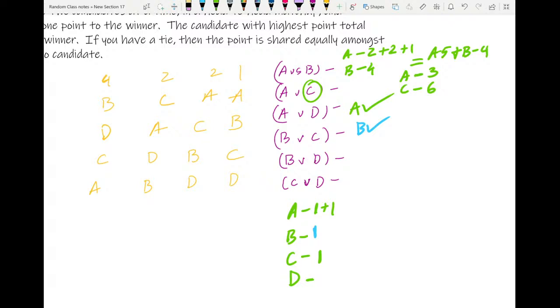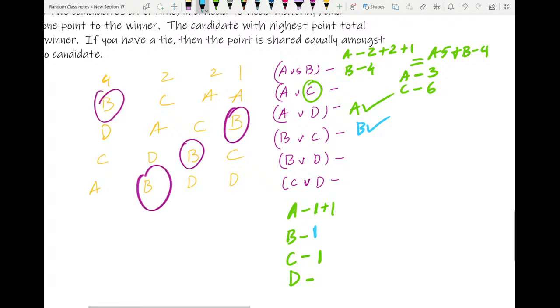All right, now B again, and then we're comparing with D this time. Ooh, look at that. B already got 7 points. So B again is the winner.